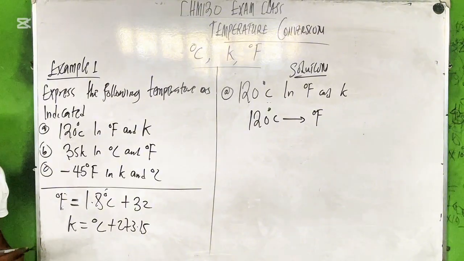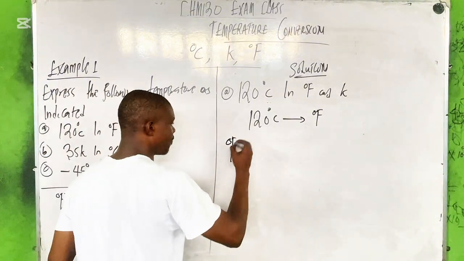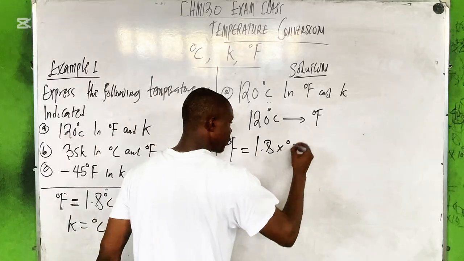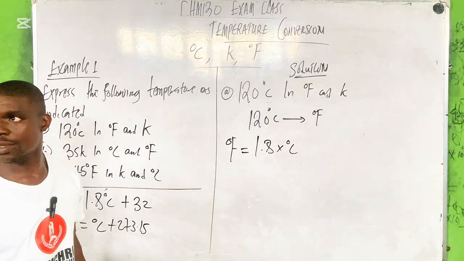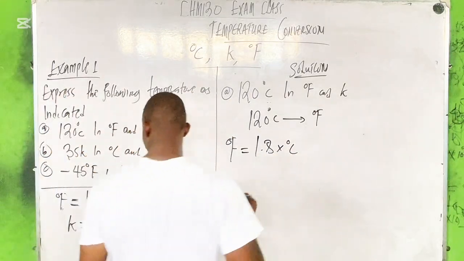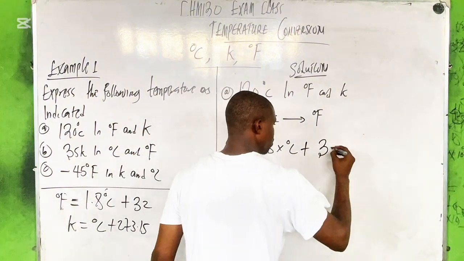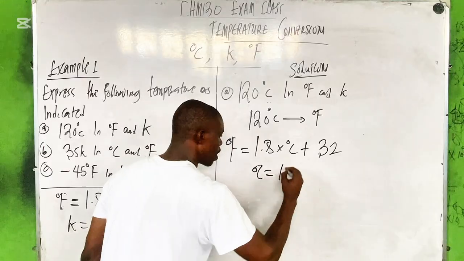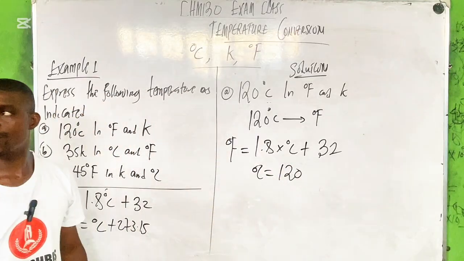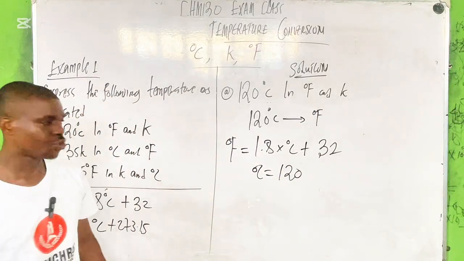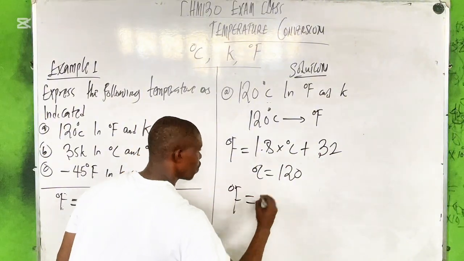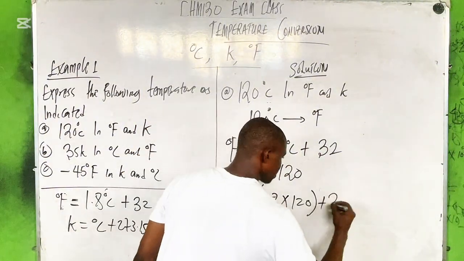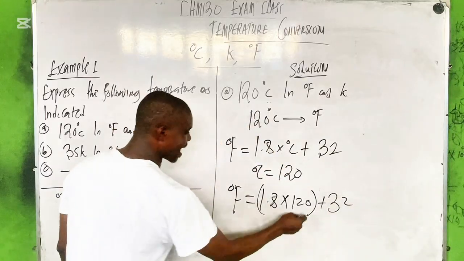Are we together here? So degree Fahrenheit is equal to 1.8 times the temperature, plus 32. This temperature is 120. So it's going to be 1.8 times 120 plus 32.